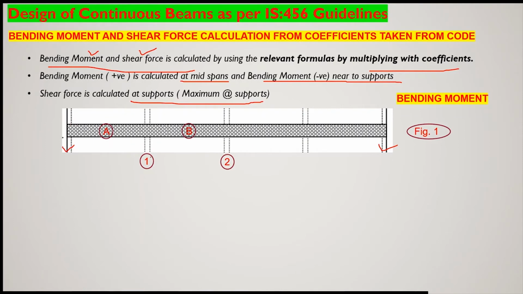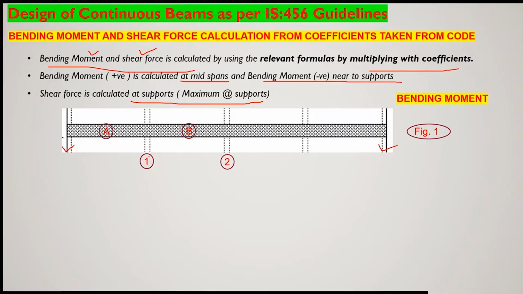Now this is your beam number 1, beam number 2 and so on. In this figure you will find a continuous beam having 1, 2, 3 and 4 spans, and this is an end support, this is another end support. This is support number 1, a beam which is supporting another beam.